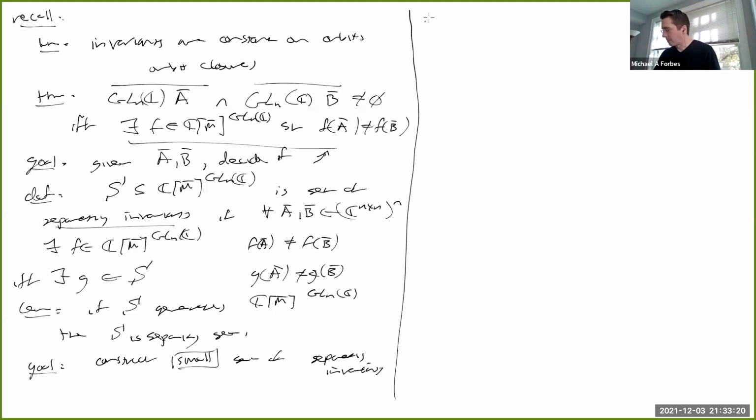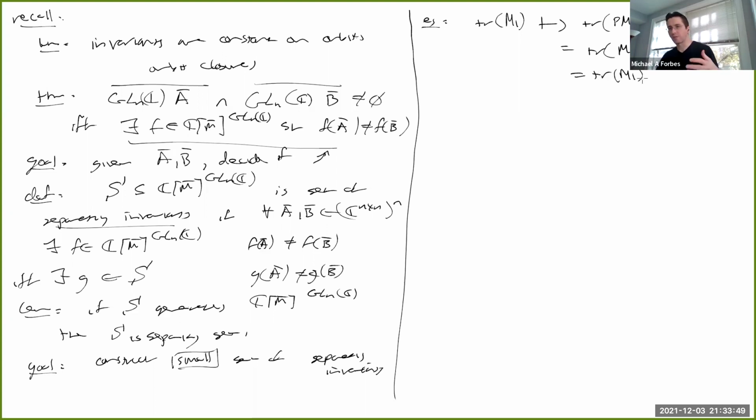Okay, so let's see some examples. Let's look at the trace of M1. We have r matrices, but let's just look at the trace of the first matrix. Under this action of simultaneous conjugation, we get the trace of P M1 P inverse, right? If you put your linear algebra hat on, you remember that trace is cyclic, and so this is in fact equal to the trace of M1 P inverse P, and then P inverse P cancels, and this is the trace of M1.